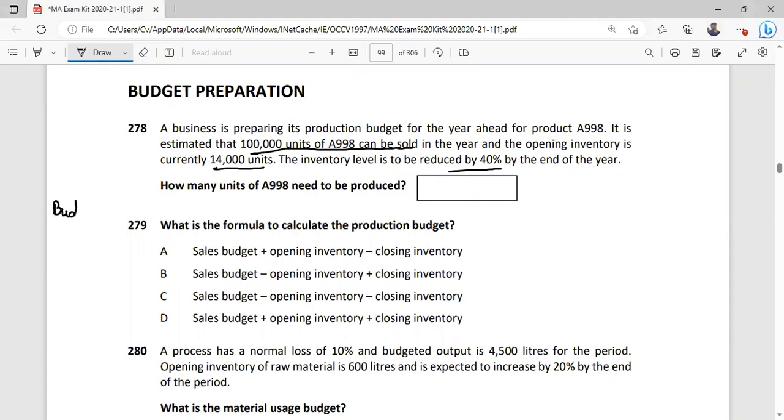Budgeted production unit is equal to budgeted sales unit plus closing stock of units minus opening stock of units.